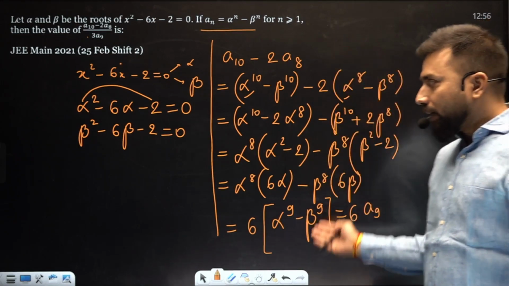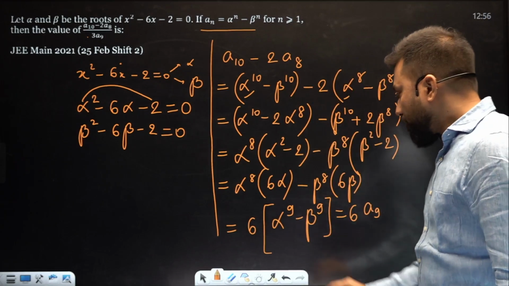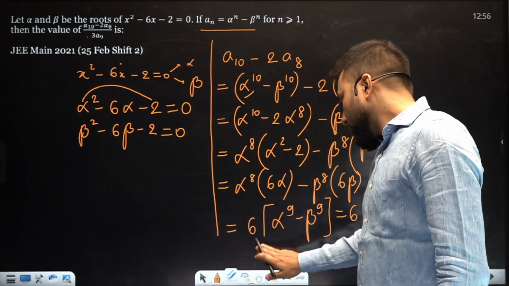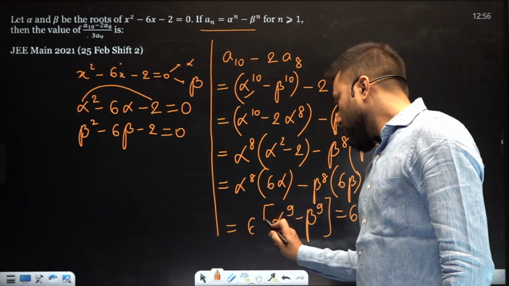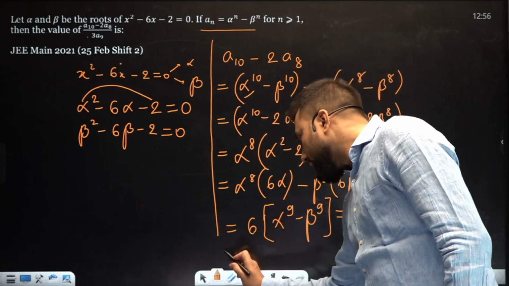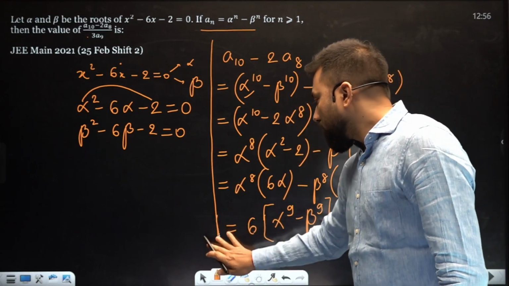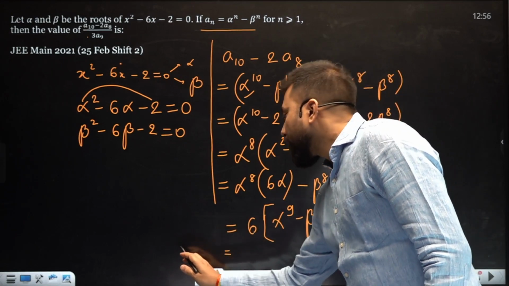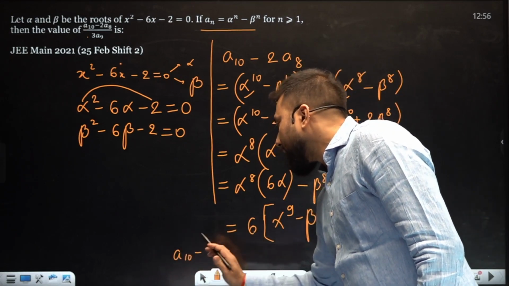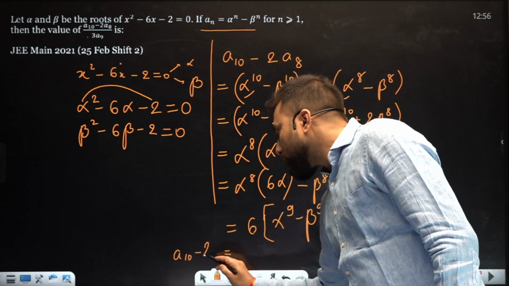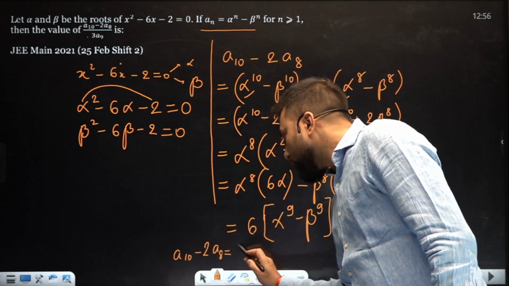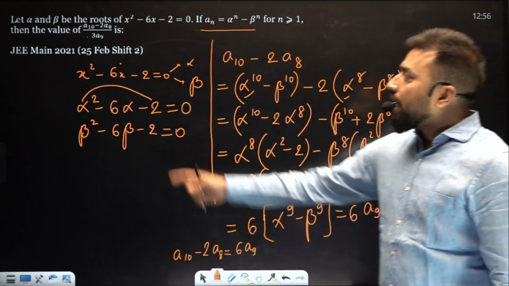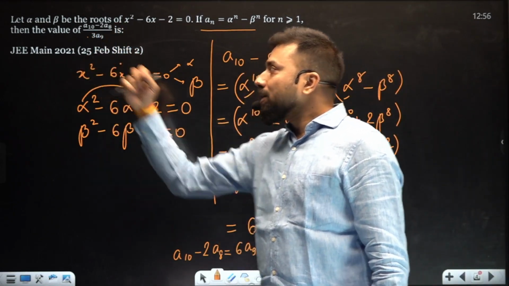So the expression that we have got here is basically a10 minus 2 times a8 is equal to 6 times a9, right? Now the question is a10 minus 2a8 upon 3a9.